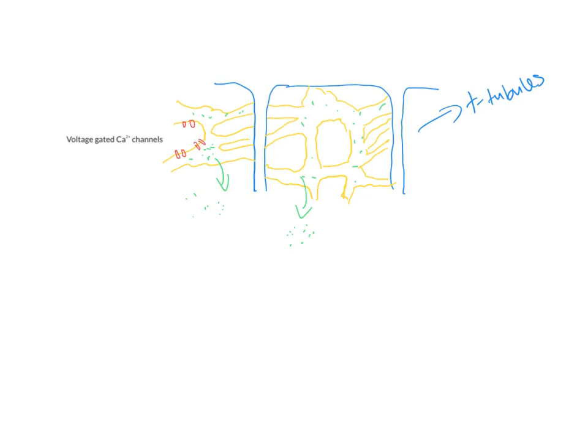And as the membrane potential changes, as the sodium travels through the T tubules and changes the membrane potential, it's going to cause these voltage gated channels to open. And when the voltage gated calcium channels open on the sarcoplasmic reticulum, this is what is going to allow the calcium to come out, okay? And calcium is really important because that's what's going to be needed in the next step.